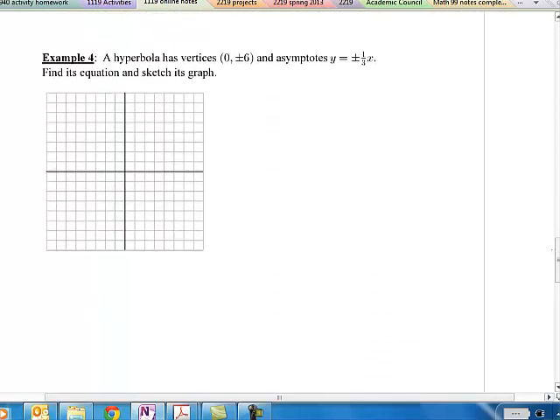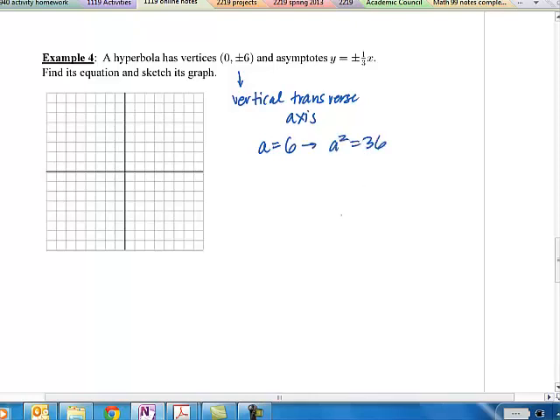Next one, similar. Now we've got the vertices given and the asymptotes given. So vertices 0, positive or negative 6, which means we've got a vertical transverse axis. And it also means that a is 6, which means a squared is 36.